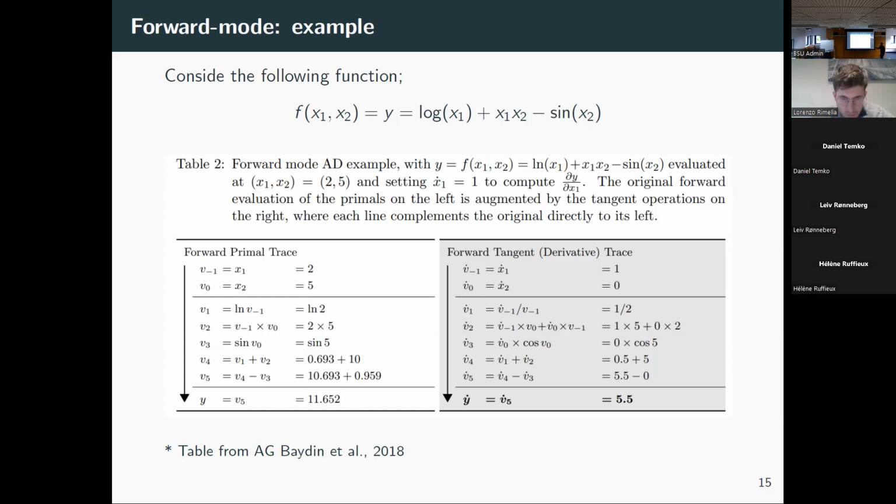Question, is this useful for statistics? To give you more context, in statistics we have n inputs, and at the top we always have a loss function, like a maximum likelihood. If we have a very high dimensional parameter space, let's say 1 million parameters, then we have to do this 1 million times.